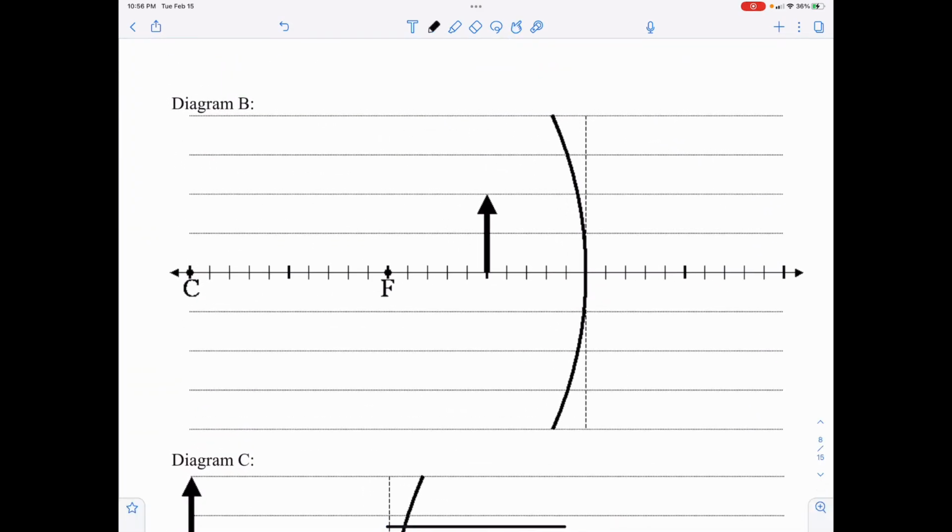So we're going to go parallel to the principal axis, just like this. And we're going to reflect back through that focal point, just like that.